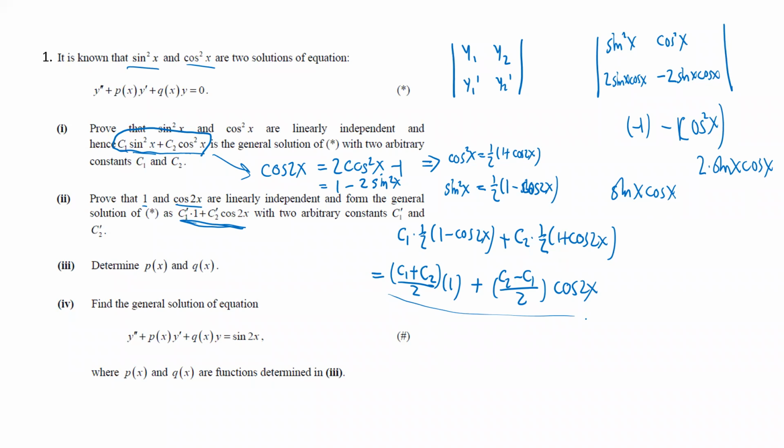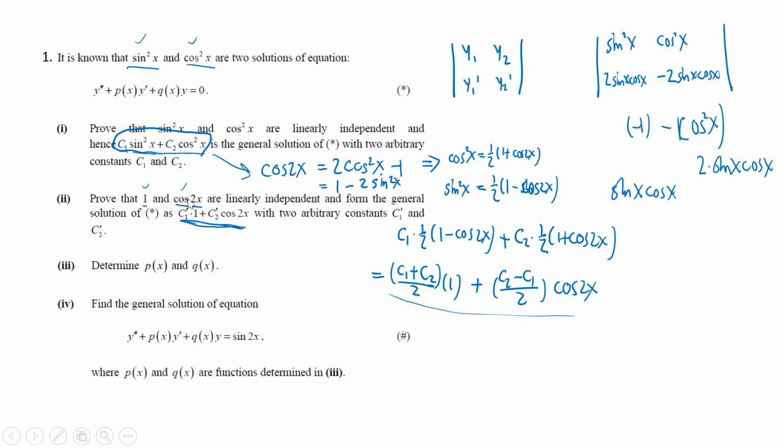So once sine square x is a solution and cosine square x is another solution, I will also know that 1 is a solution and cosine 2x is a solution. This gives us some useful information actually.